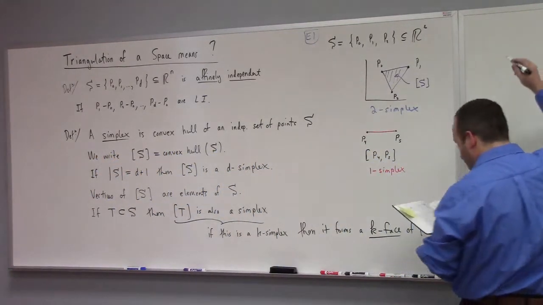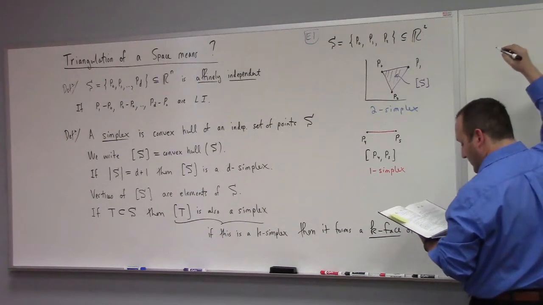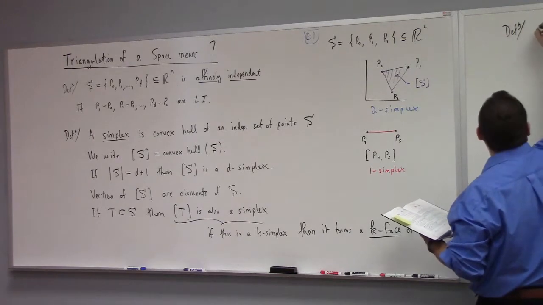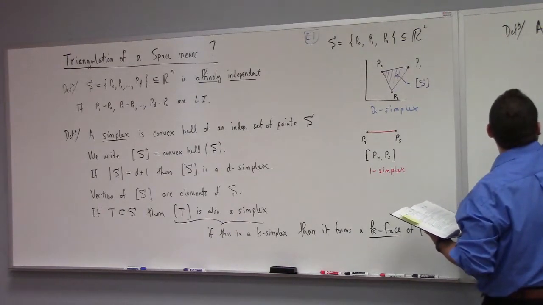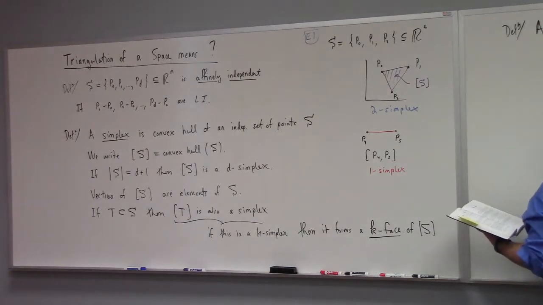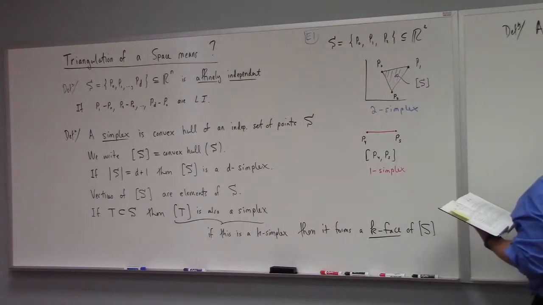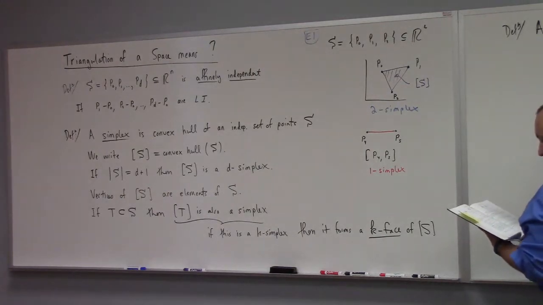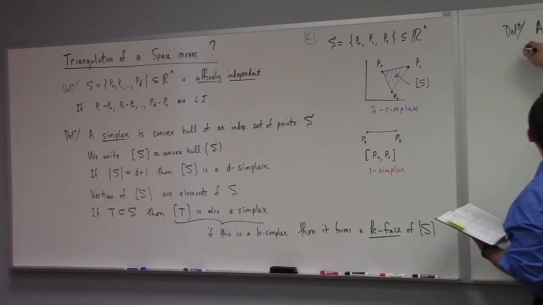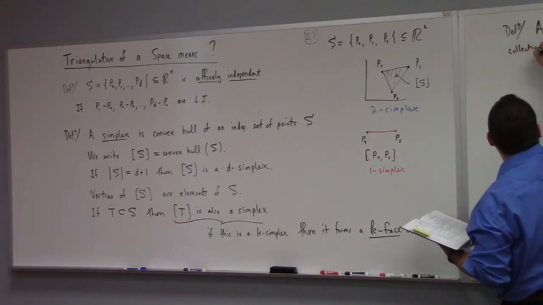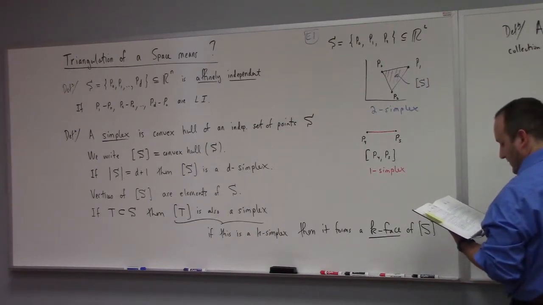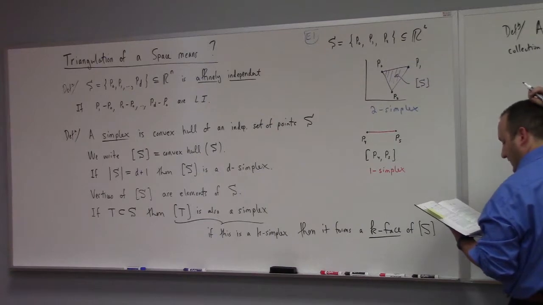So we come to the definition of simplicial complex. What is a simplicial complex? A simplicial complex K is a finite collection of simplices which satisfy two properties.